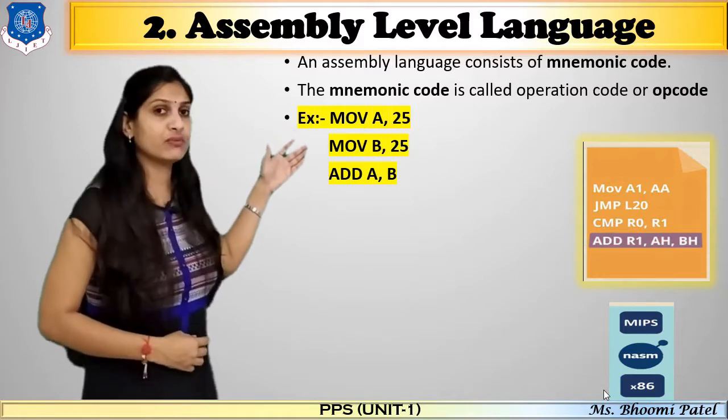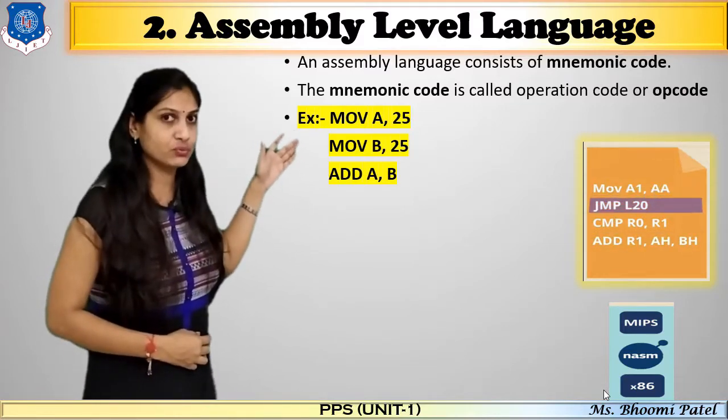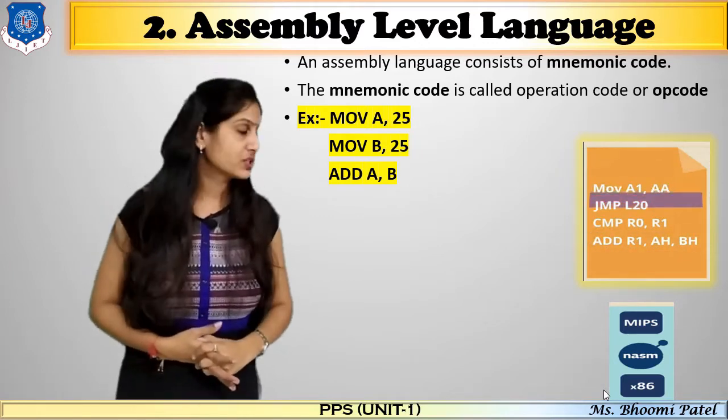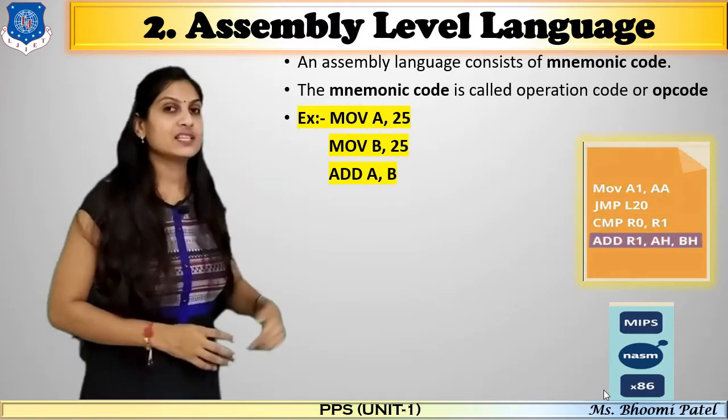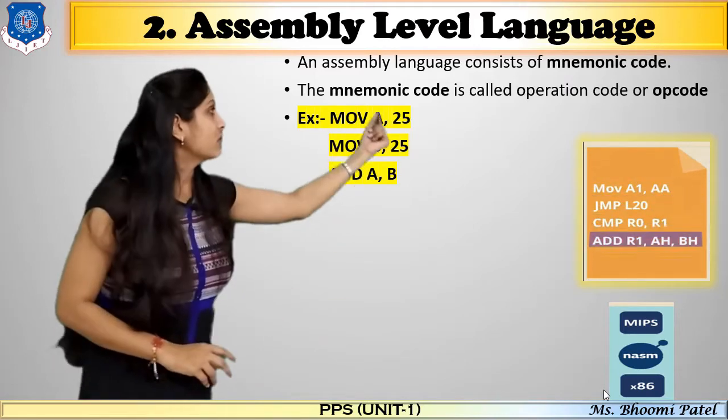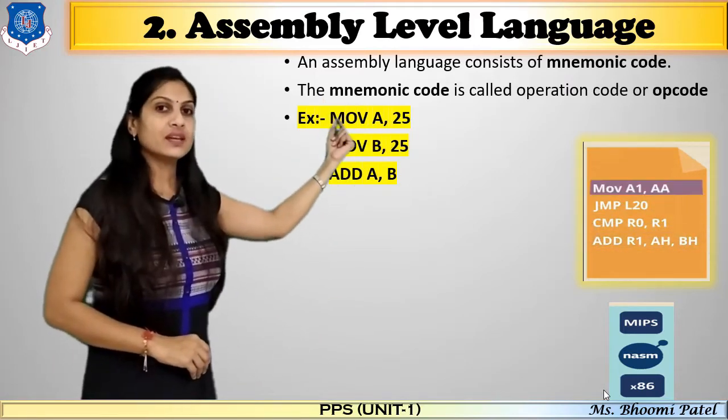Let's just see one example of addition of two numbers, how we can write it in assembly level language. So here the first line is MOV A, 25. That indicates 25 is moved into register A.